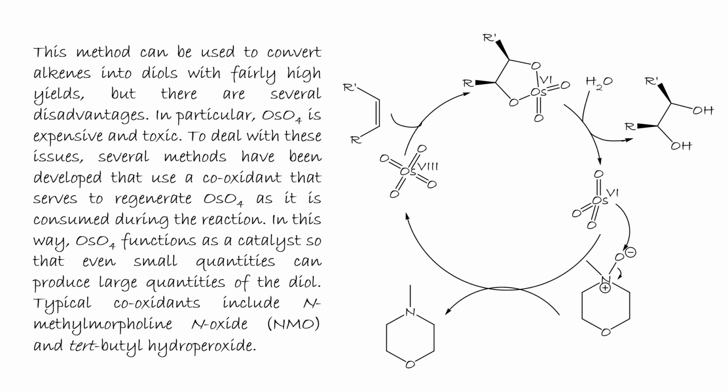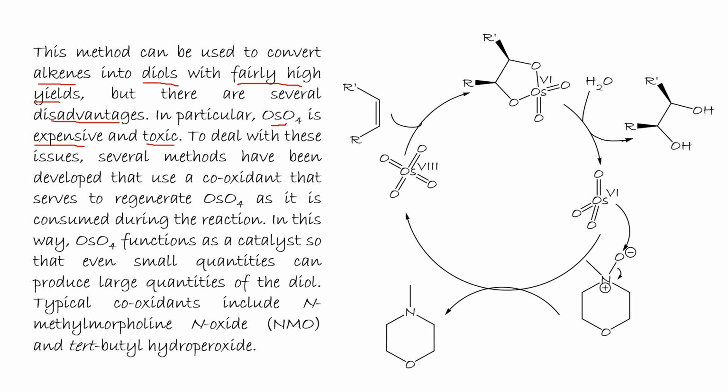This method can be used to convert alkenes into diols in fairly high yield, but there are several disadvantages. In particular, osmium tetroxide is expensive and toxic.